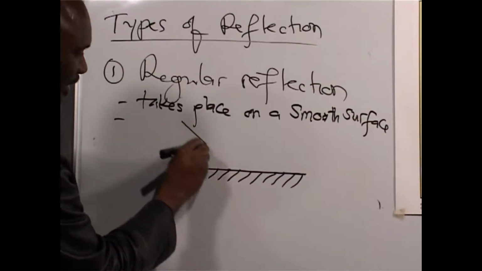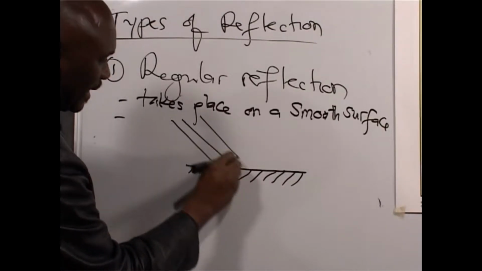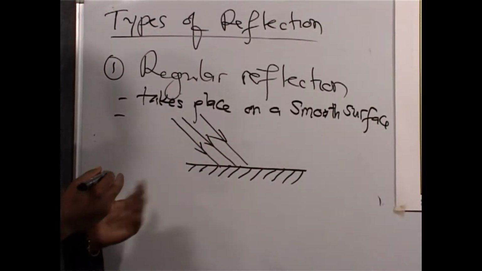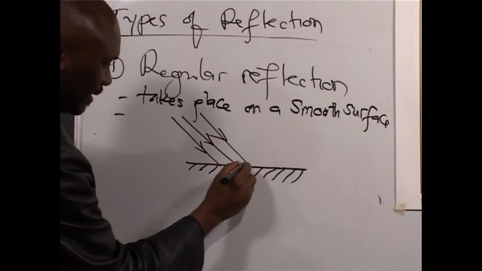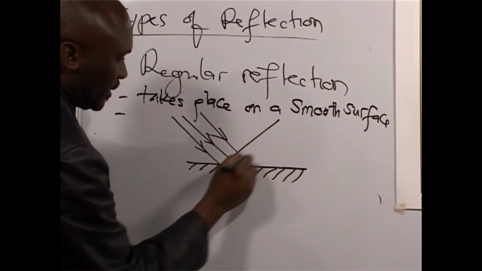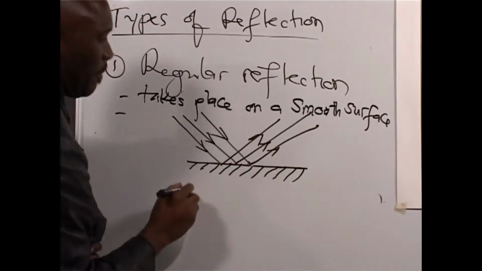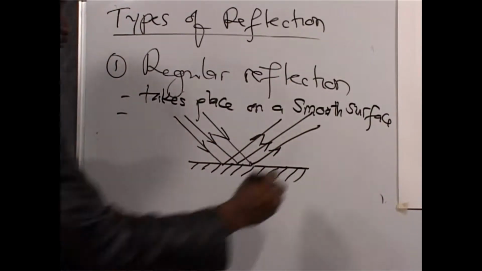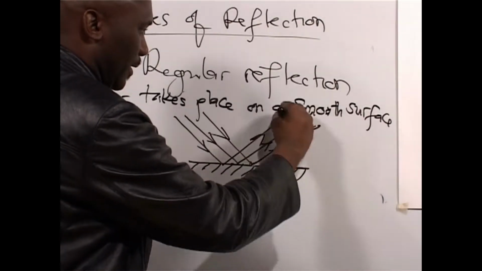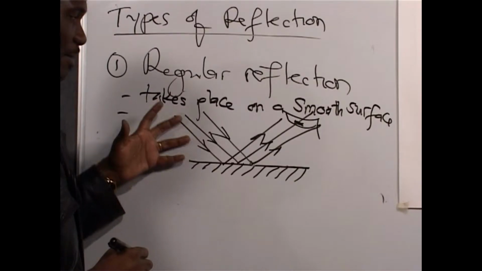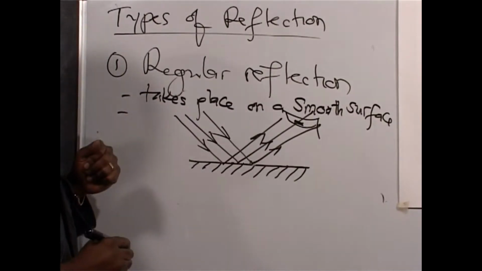So let's imagine these are the rays coming towards the surface, the incident rays or the incident beam. When it strikes this surface, it will bounce in that direction. So most of these rays will bounce in one direction, such that if your eye was here, you would see most of this light coming from this end.